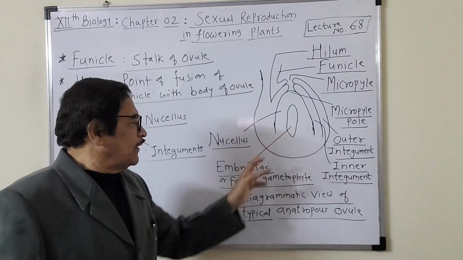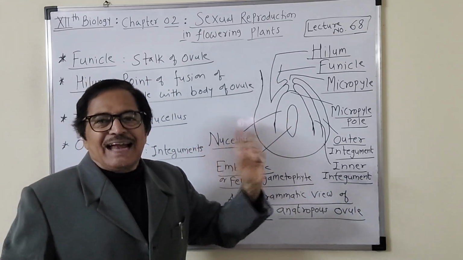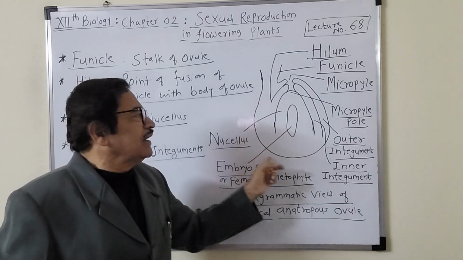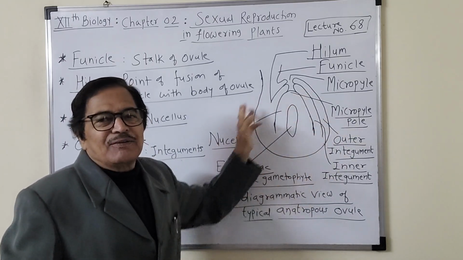पर ये फीमेल गैमेटोफाइट और एम्ब्रियो सैक बीच में है, and then it is wrapped by these coverings there, double layered coverings.